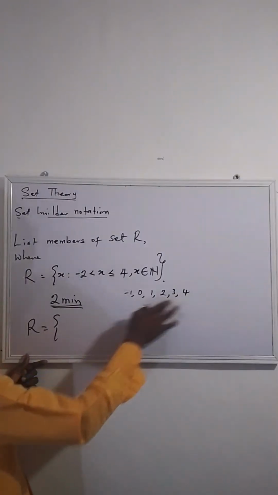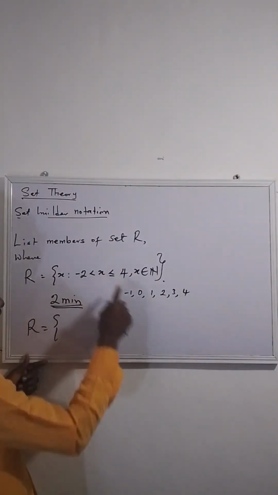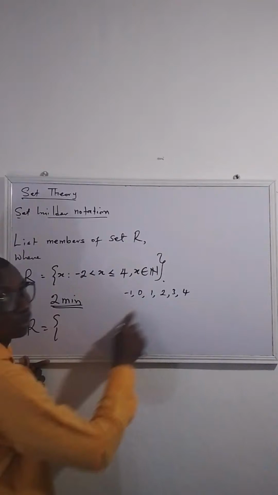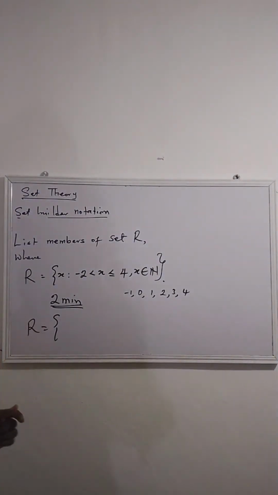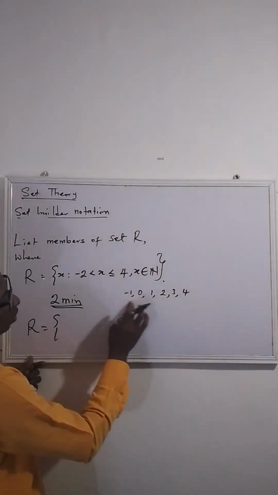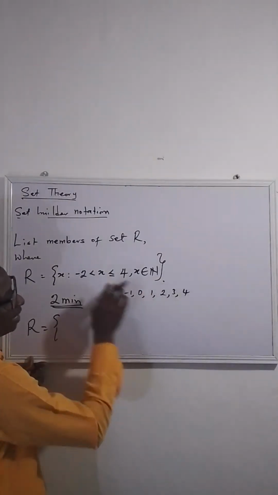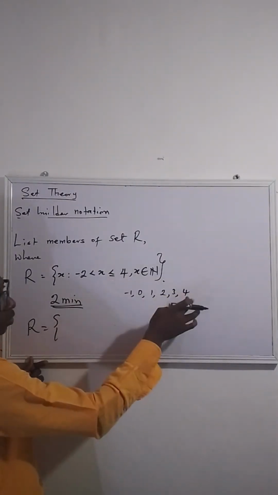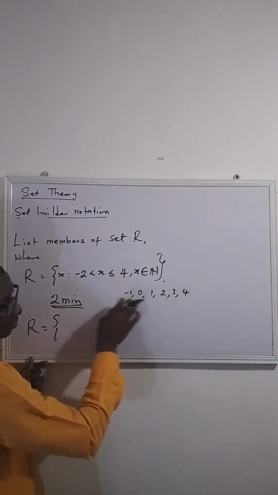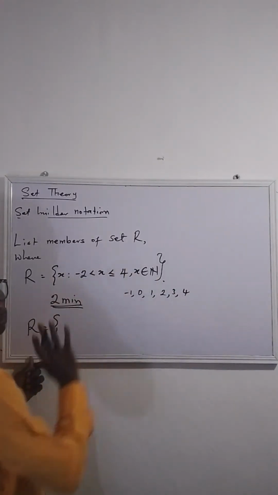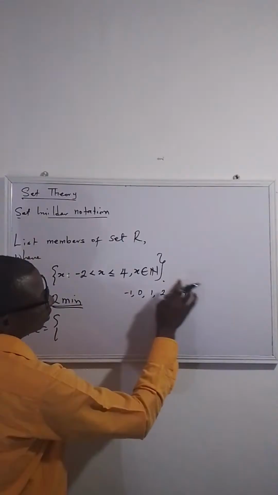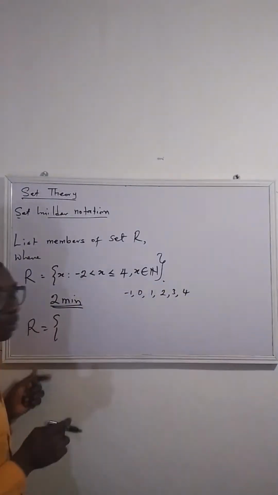Look at all of these numbers. -2 is less than all of these. Hope you agree with me. All of these numbers are also less than 4, and one of them is equal to 4. This is the space of the numbers.